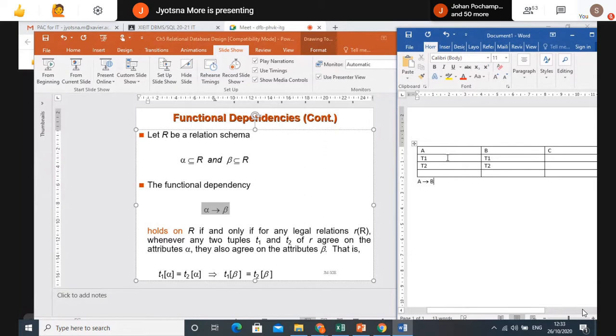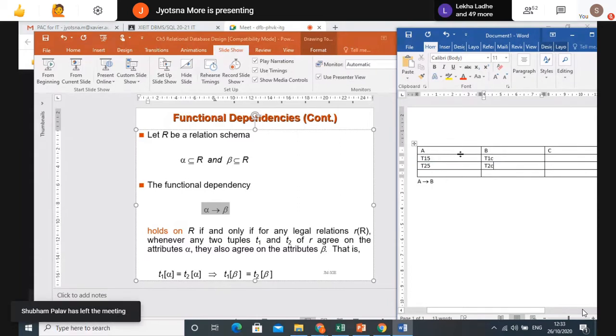Suppose I say 5 is the value, then here it is also 5. Then suppose here it is the C value, so here it has to be C.